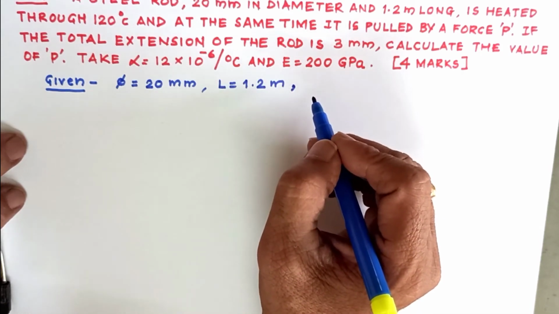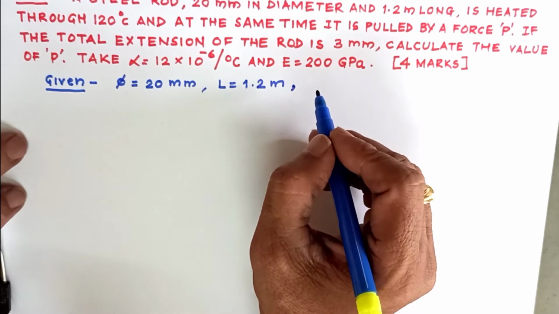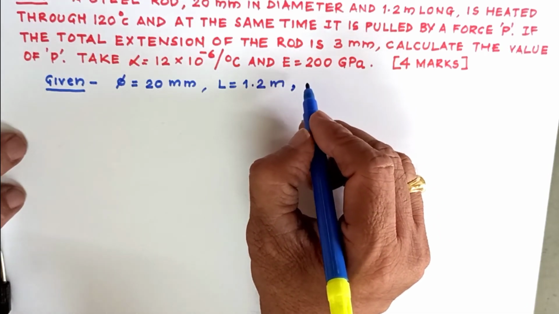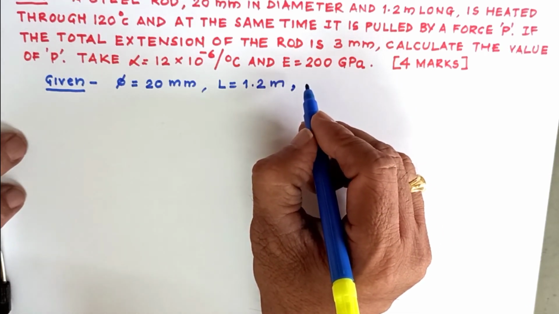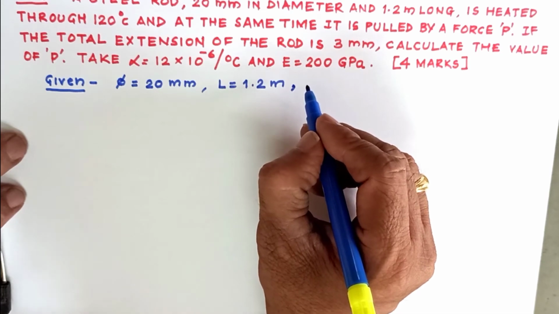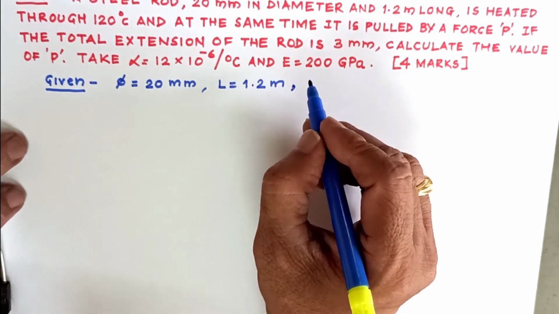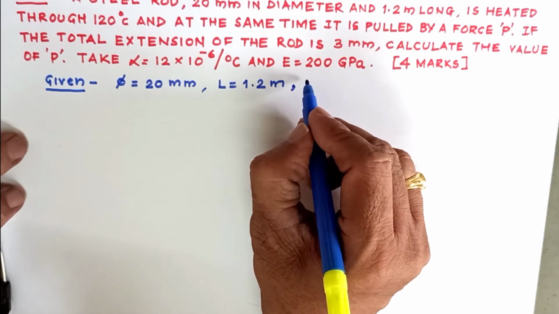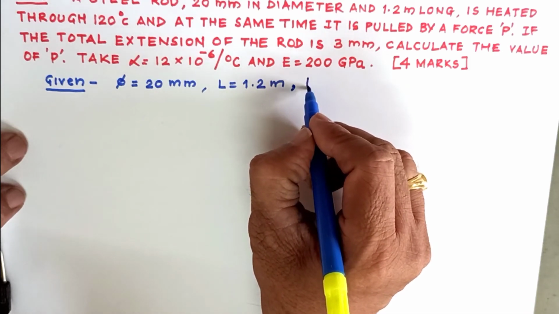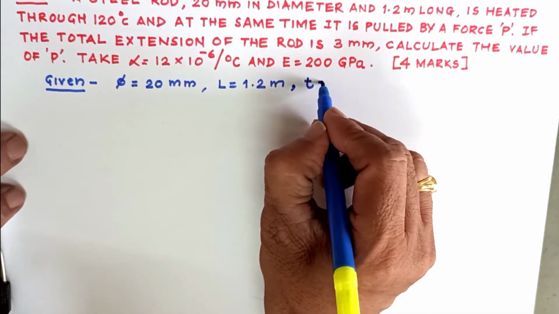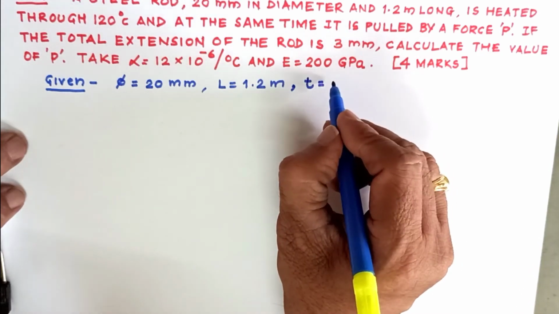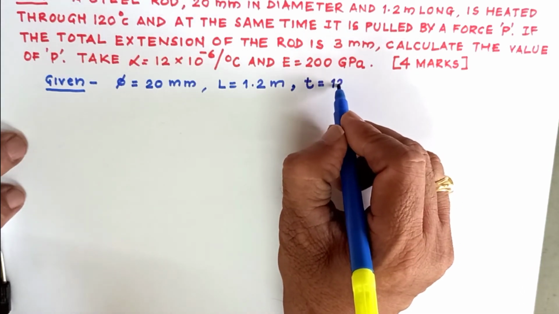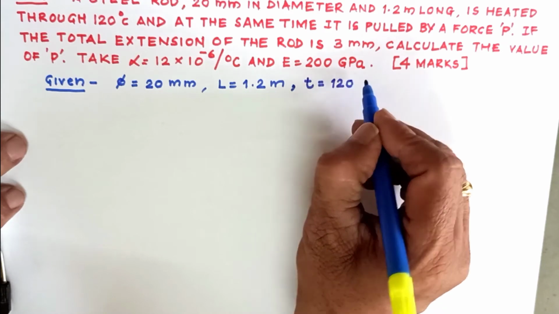Here you have to keep in mind that heated through means change in temperature is directly given. When two temperatures are given, you have to take it as T1 minus T2 or T2 minus T1. Here only one temperature is given, that is the rise in temperature is given, which is 120 degrees Celsius.